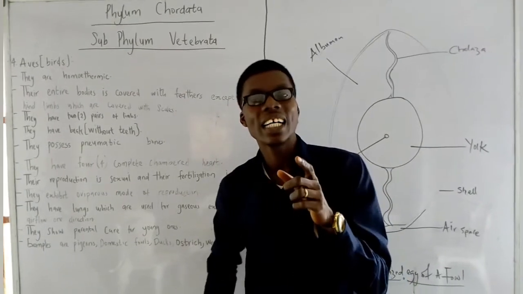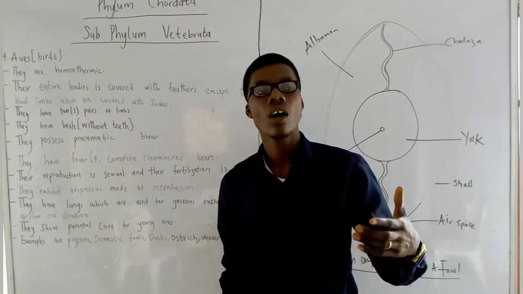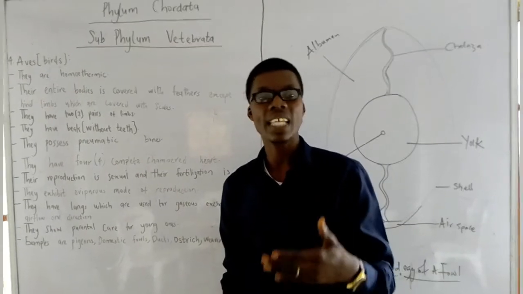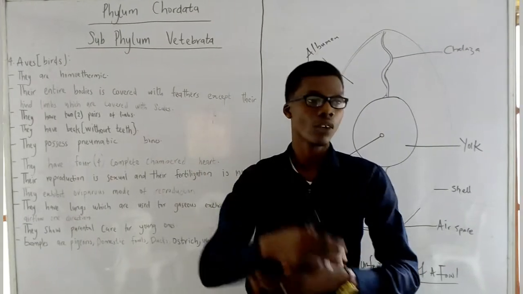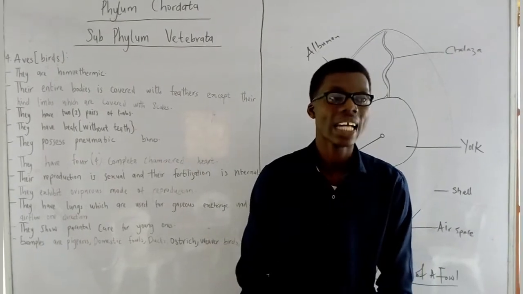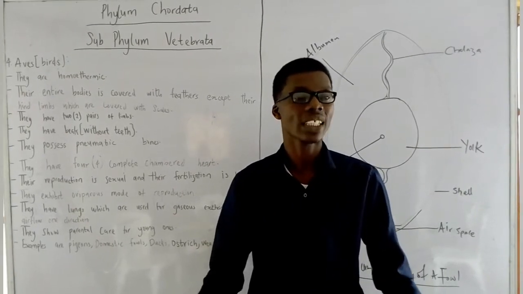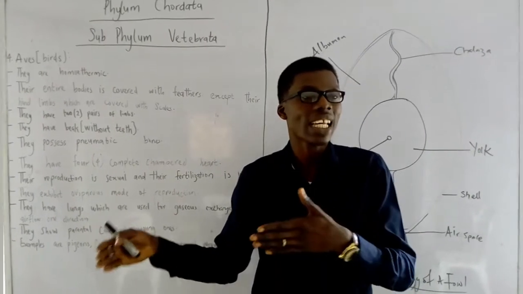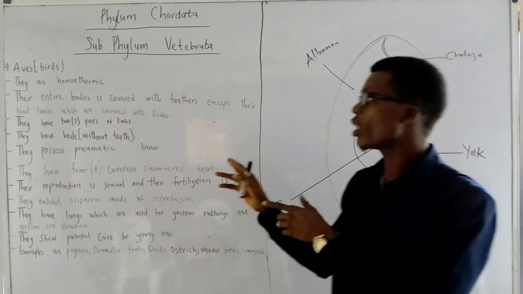There is this question that I've seen some time ago that asks what is the evidence that aves evolved from reptiles? And the answer is the presence of scales on their limbs. So according to evolution, there's still a presence of where they were coming from on them. So the whole body is covered with feathers.